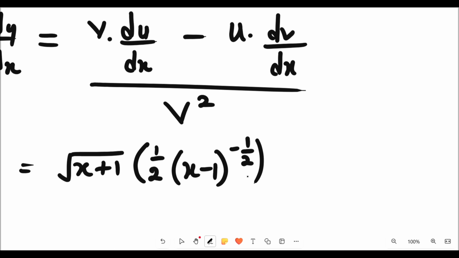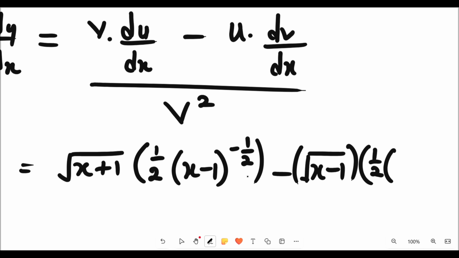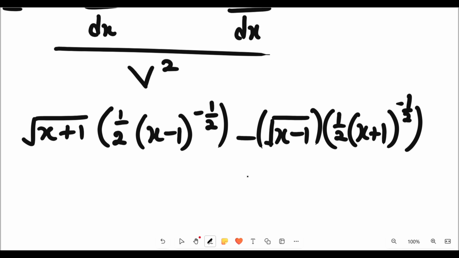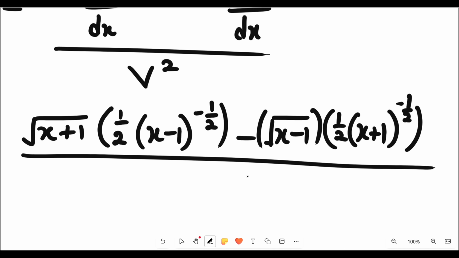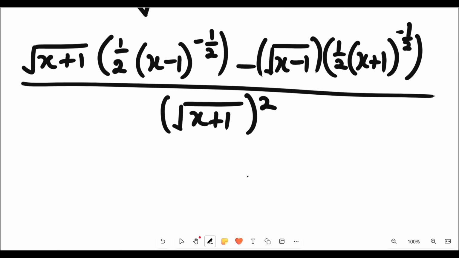Then minus our u, which is the same as the square root of x minus 1, multiplying the derivative of v, which is half of (x plus 1) having an exponent of negative half. Close it nicely, and all divided by v squared. We know v to be the square root of x plus 1, so you just bring a square based on the formula. So this square cancels the square root.